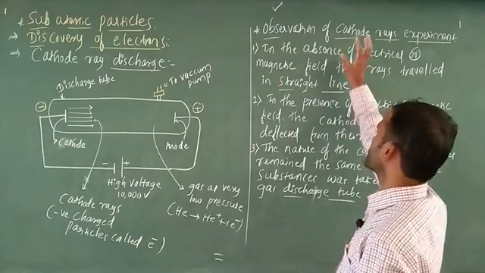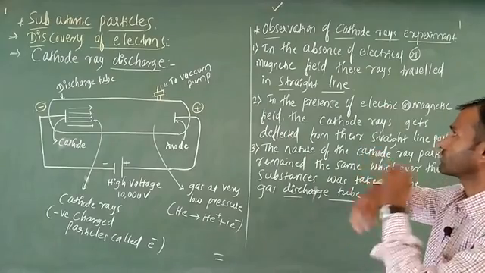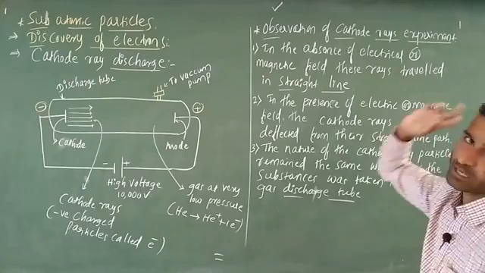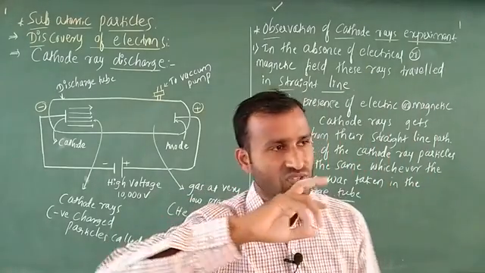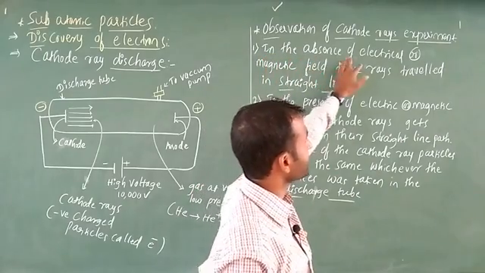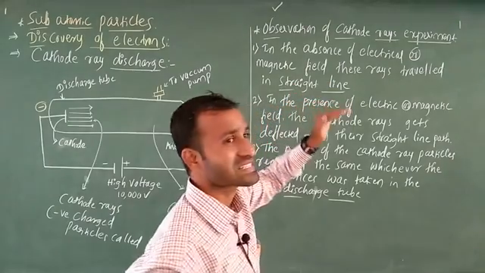The next important point is the observations. Some conclusions came after observing the cathode ray experiment. The first important point is that in the absence of an electric or magnetic field, these rays travel in a straight line.